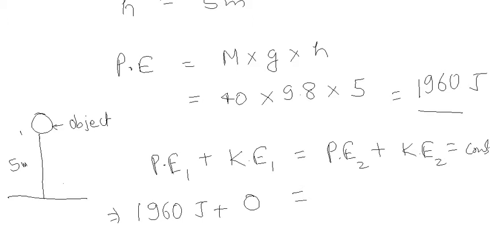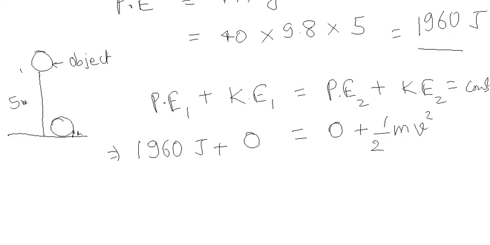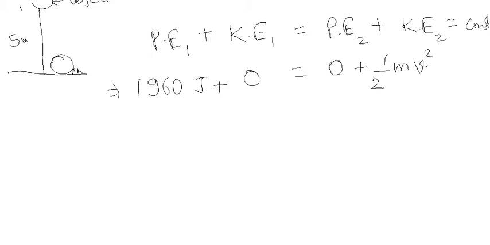After dropping, at the ground potential energy will be 0 because height becomes 0, so mgh becomes 0. Here it will gain kinetic energy which is equal to half mv square. So at the ground its kinetic energy becomes 1960 joule.